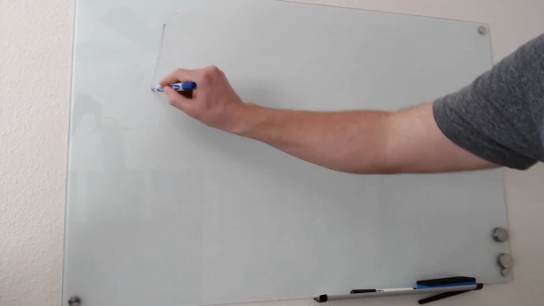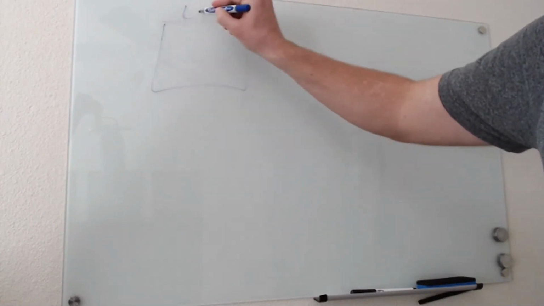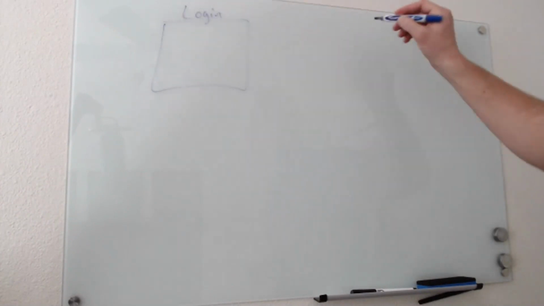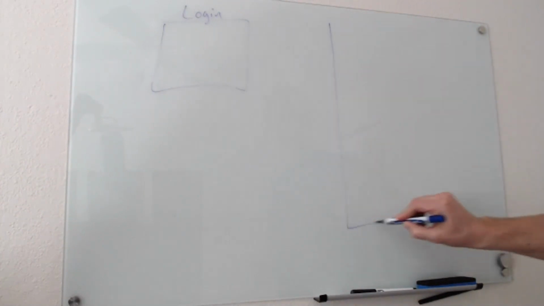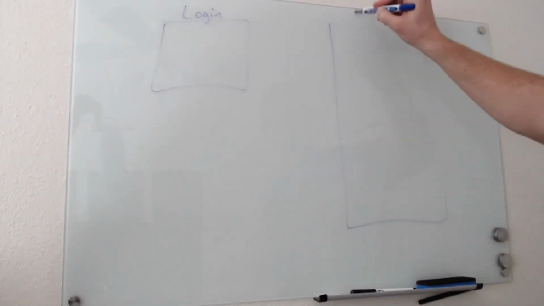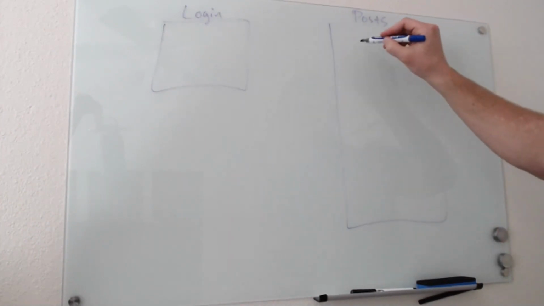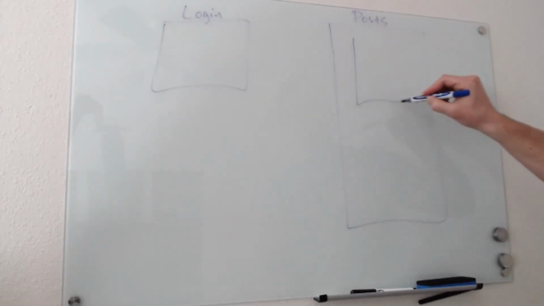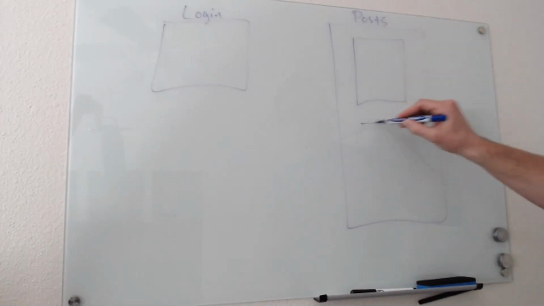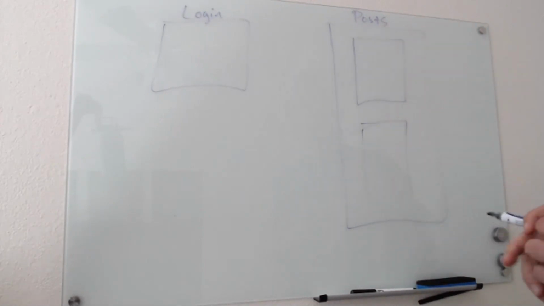So I know I have a login page, and I know I have a posts page, right? And the posts page is going to have a list of posts.